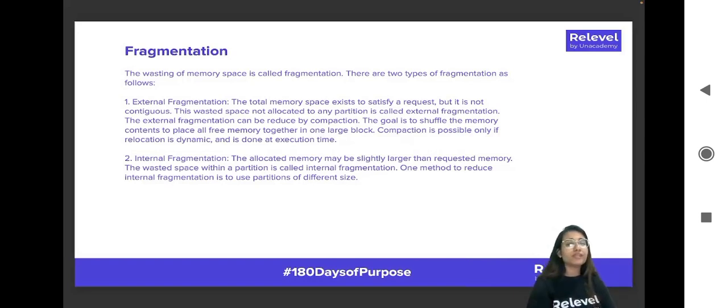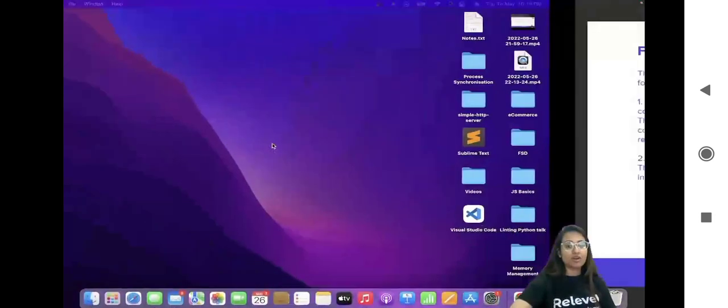Next is the problem of external fragmentation. Here, the total memory space exists to satisfy a particular request, but it is not contiguous. I told you that in fixed size partitioning you can also have partitions of different sizes, but their size is always fixed.